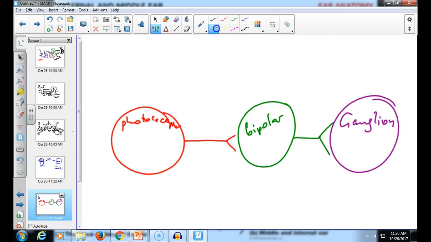When there is no light, which neurotransmitters are produced and where? Inhibitory neurotransmitters produced where?